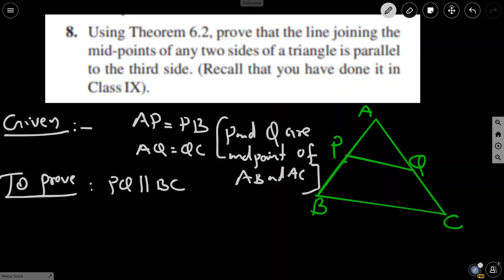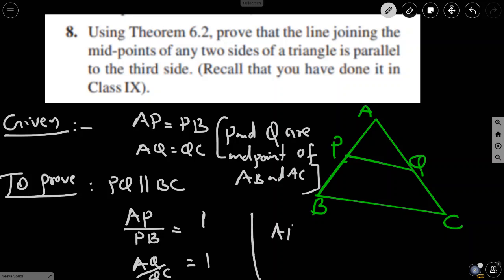So we know if AP is equal to PB, then AP by PB is equal to 1 by 1, or 1 you can write, and AQ by QC is also equal to 1. That means we will get AP by PB is equal to AQ by QC.